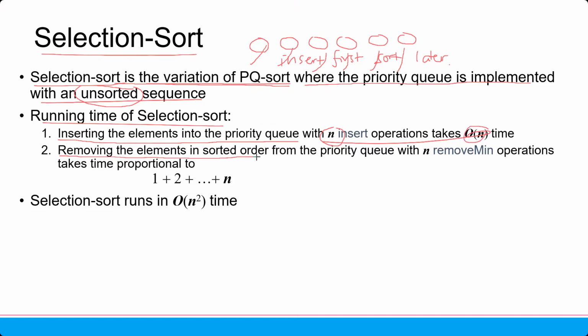Removing the elements in sorted order from the priority queue with n remove min operations takes time proportional to 1 plus 2 plus and so on until n. So with this one, we have O(n), and with this one, we have also O(n). So the selection sort will run in O(n^2).